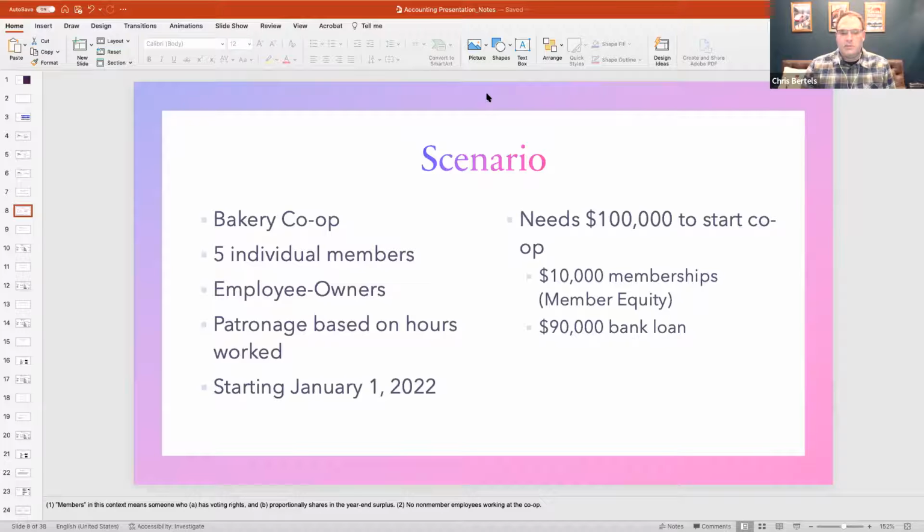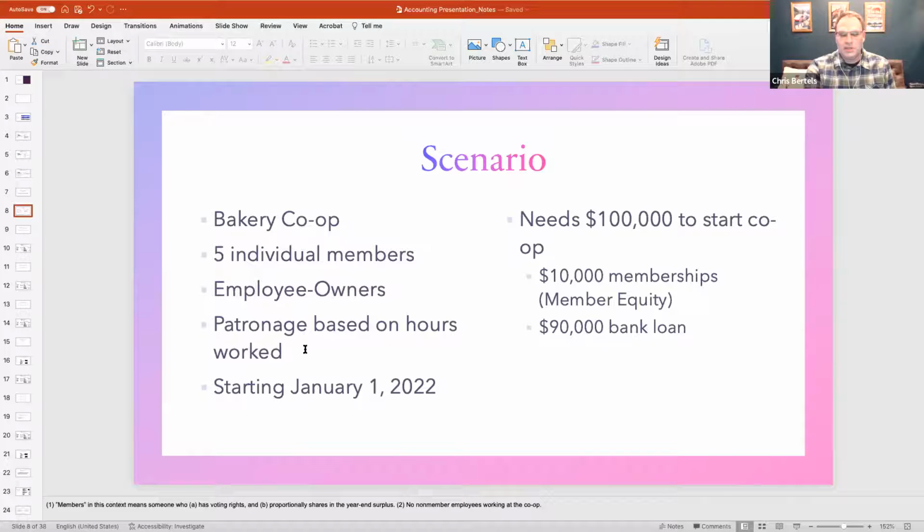And the term patronage is very specific to co-ops, and that basically means, I would describe it as, how you define the amount of business you're conducting as a member with the co-op. It's going to determine the allocation of the year-end surplus to the individual members.